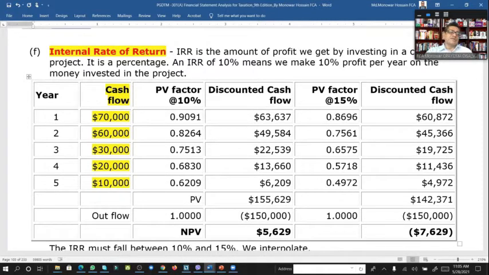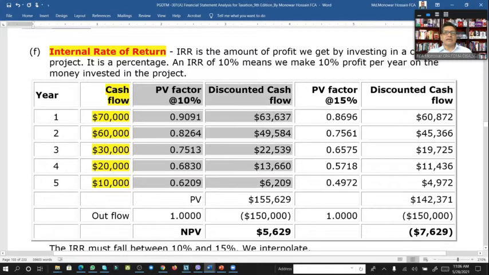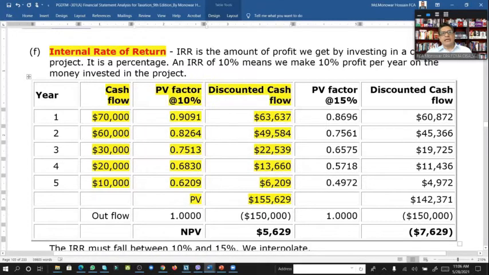They consider all of the cash flow of the project. So here is the 5 years cash flow. And just a few minutes ago we calculated the PV factor at 10% and got a present value of 1,50,629, and the outflow was 1,50,000.